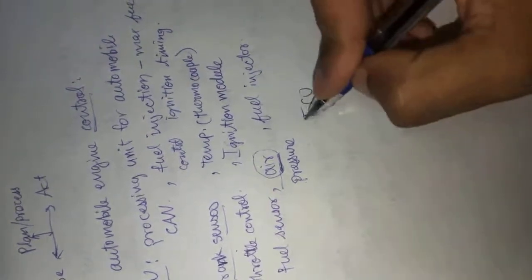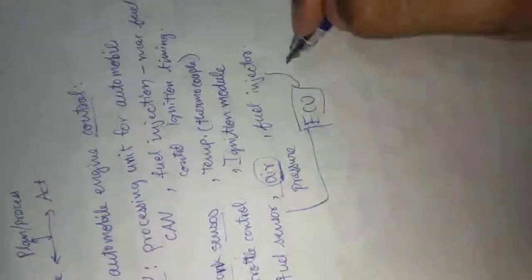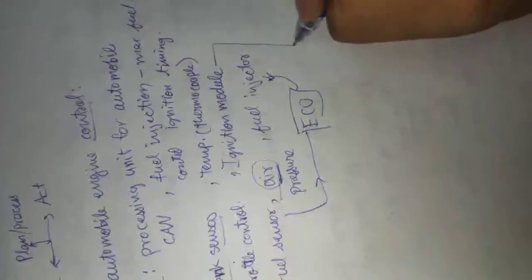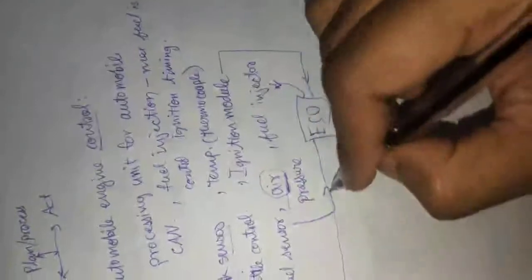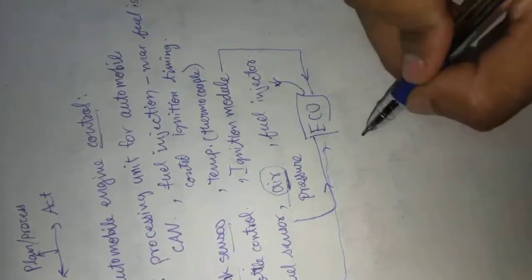There is very complex circuitry for this, so let's not go into the circuitry part. We can see the block diagram of an ignition sensor system, with the ECU in the middle and these sensors connected to the ECU and giving values to it.